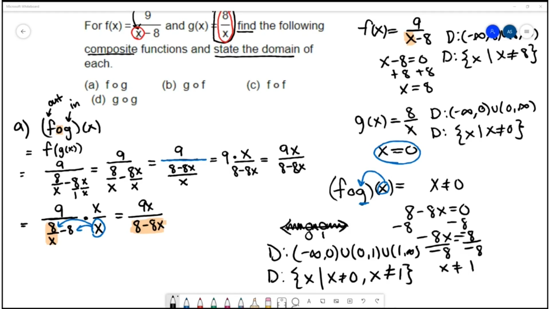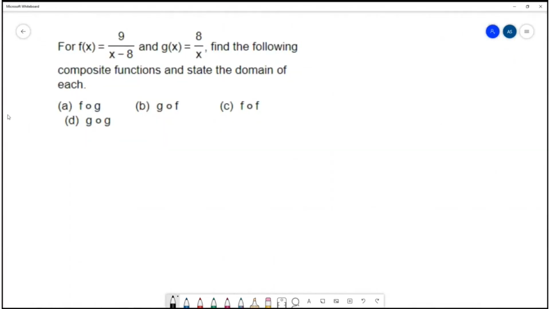Okay, let's continue by finding our other composite functions. This time we're going to find g composed with f. And once again, this operation of composing is substituting one function inside the other.